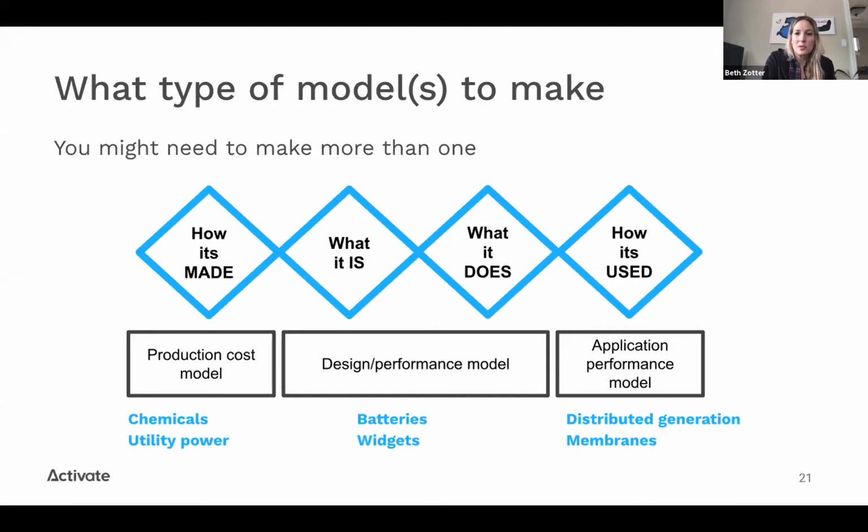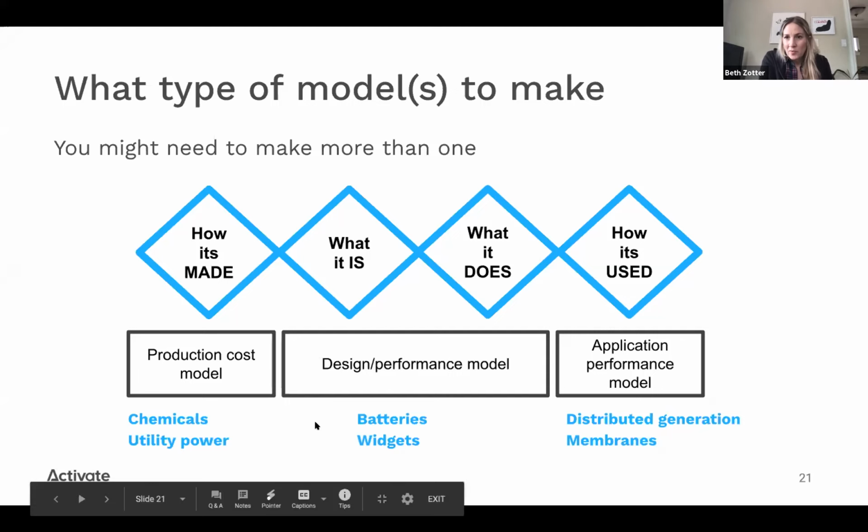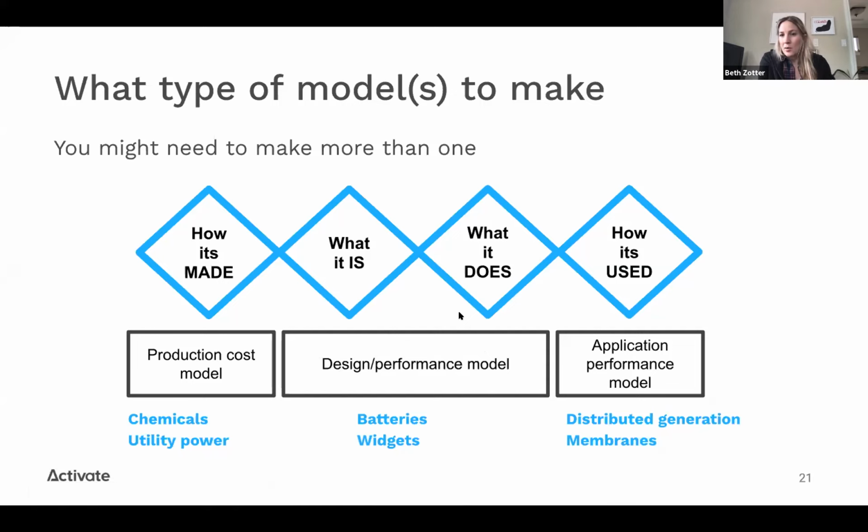Some examples down here, again taken from energy industries, are batteries and widgets. Again, this is a design performance model. You need to understand how your materials choices and your bill of materials affect the performance specifications of the product you're making.